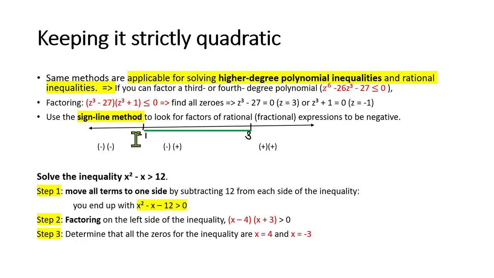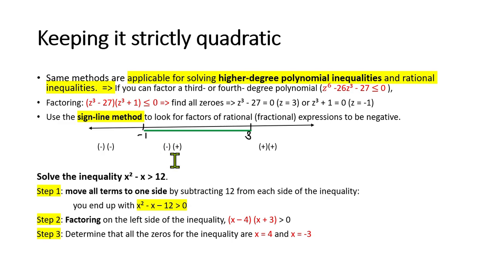For each interval: g less than minus 1, we just plug minus 2 into g. The first term is minus, and the second term is minus. For the interval g greater than minus 1 and less than 3, you just put 0. The first term, 0 minus 27, is minus. 0 plus 1 is plus.